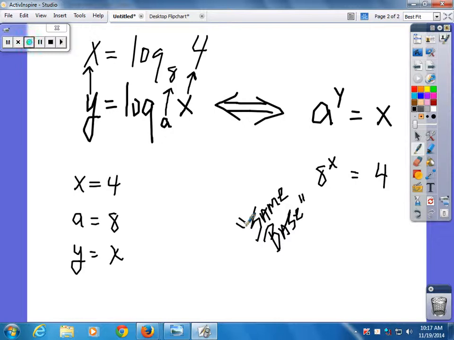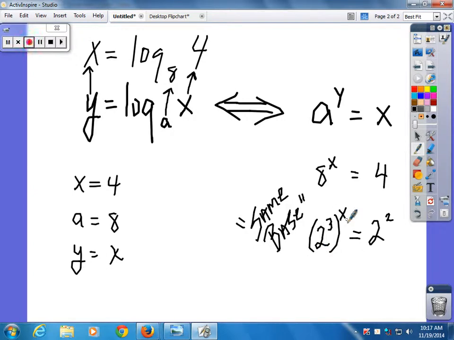What's the first number that comes to your mind when you think of 8 and 4? 2. So you write this in form of 2, and you write this in form of 2. So what's 4? 2 to the second power. And what's 8? 2 cubed, and that's raised to the x.